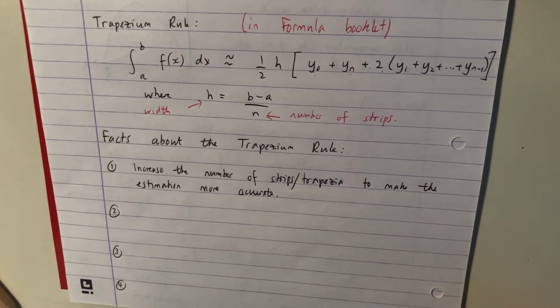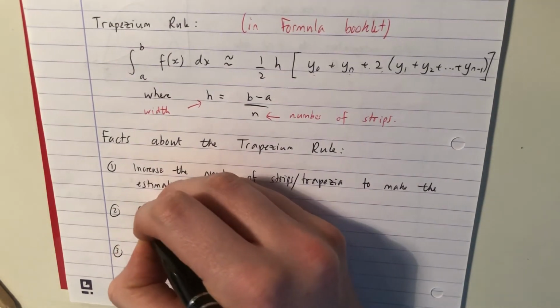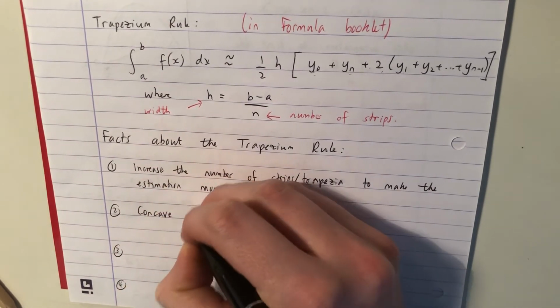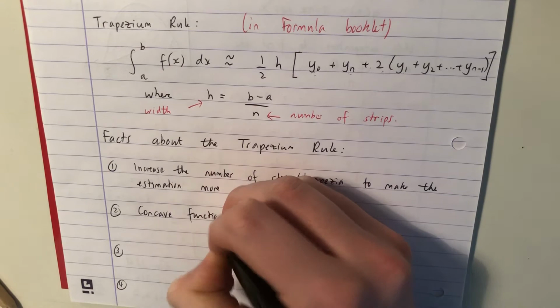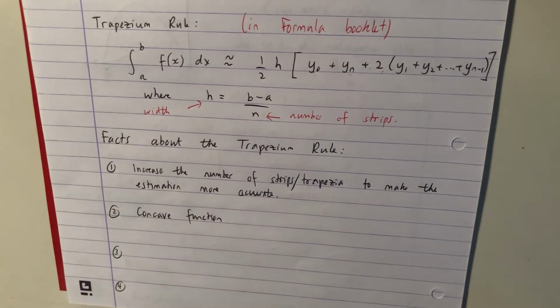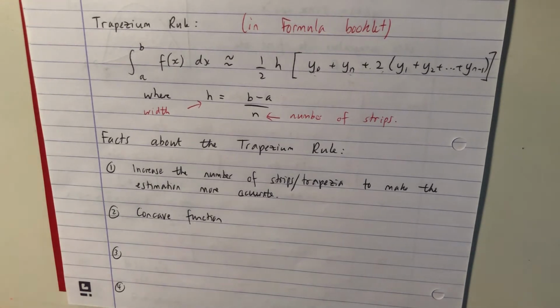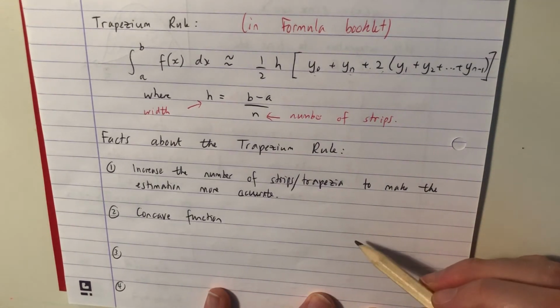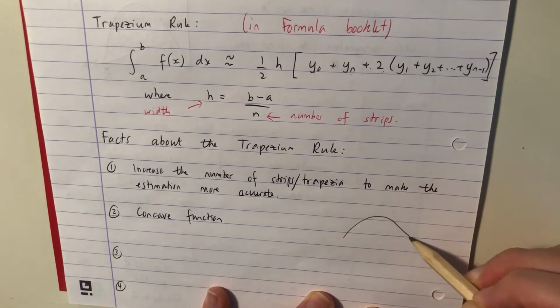Second and third fact is what would happen if you had an overestimate or underestimate. Okay, so we're going to consider a concave function. You should know the definition from a previous chapter, but pretty much it's a function which looks like a cave, and a cave for me would be something like this.